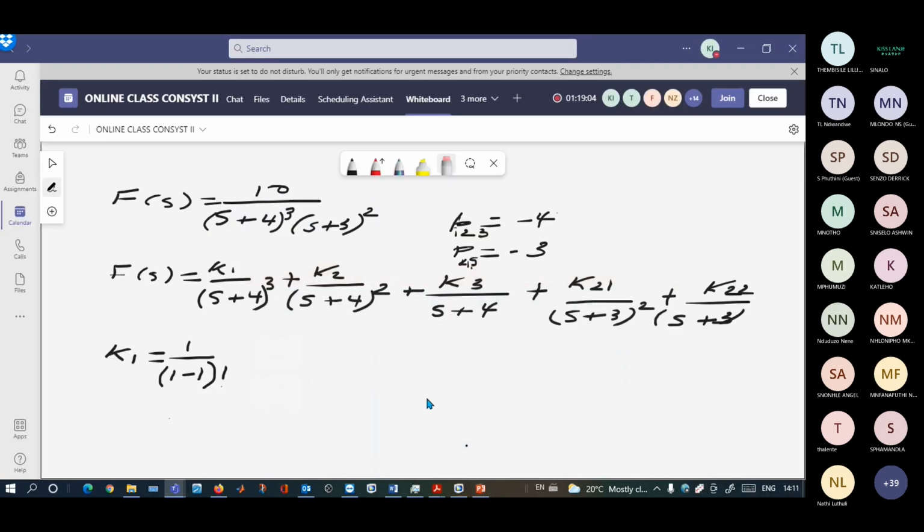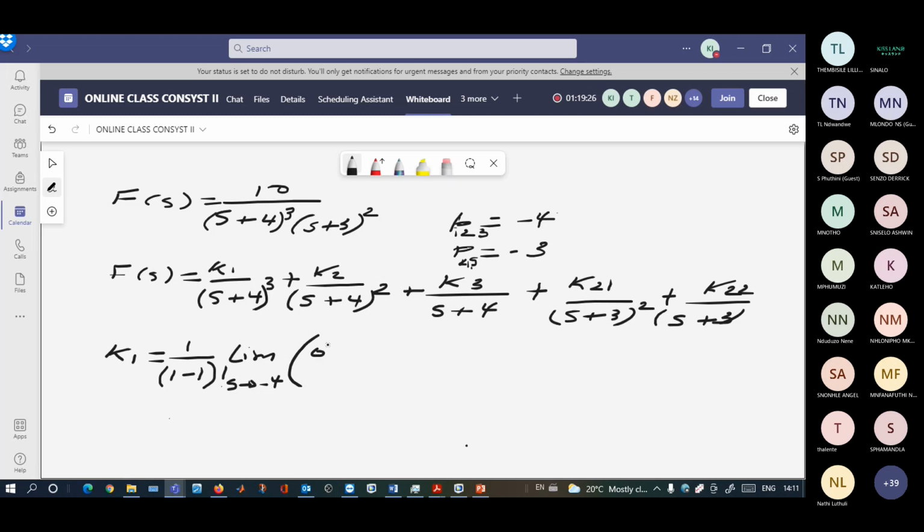It's going to be the limit of s approaching minus 4, which is the pole, right? And we open the big brackets.